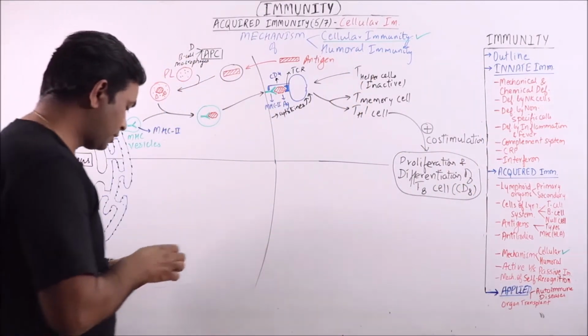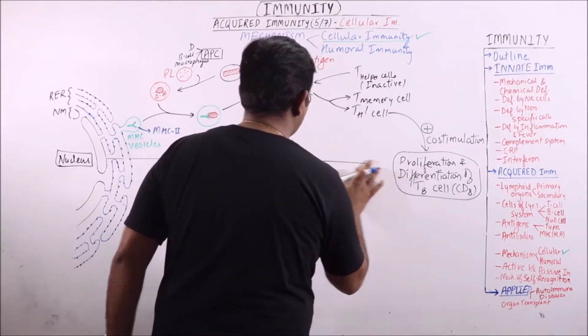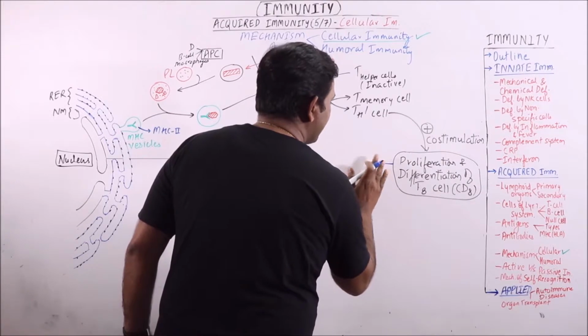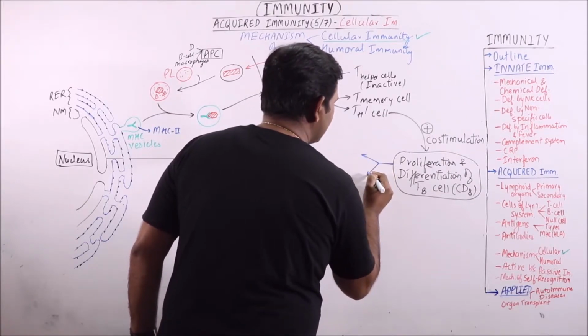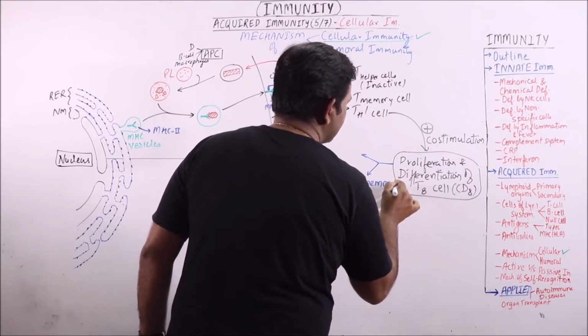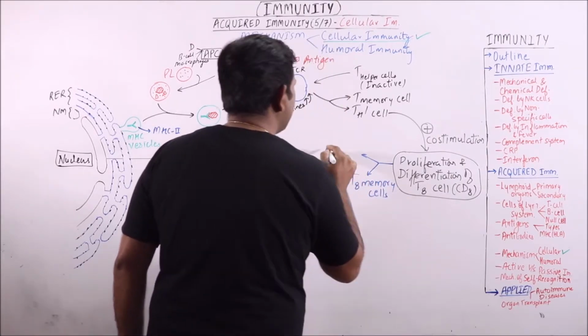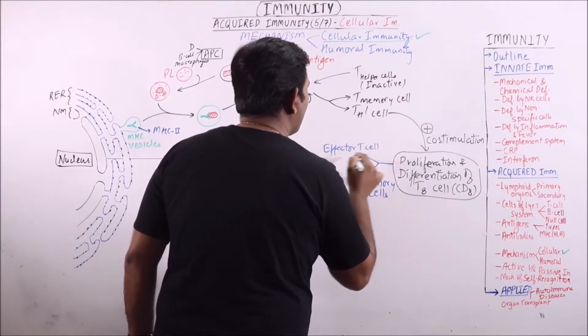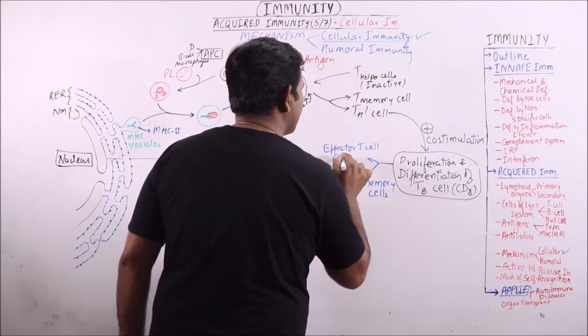Now when the T8 cell proliferates, it will divide or differentiate into T8 memory cells and effector T cell of cytotoxic type.